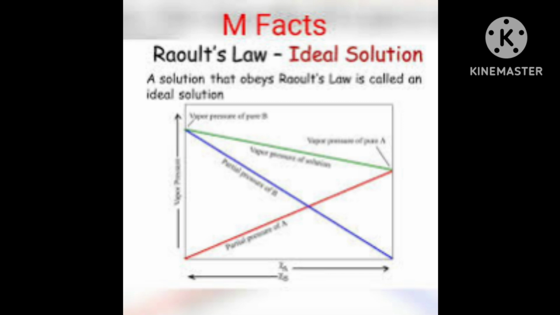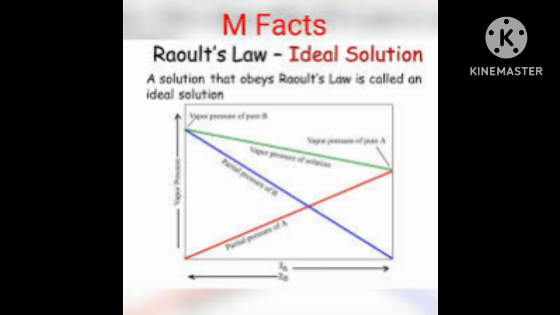And again you think that now x2, the mole fraction of x2, is increasing. Then vapor pressure will begin to increase. As the x2 mole fraction increases, vapor pressure will increase and go more than the first one.